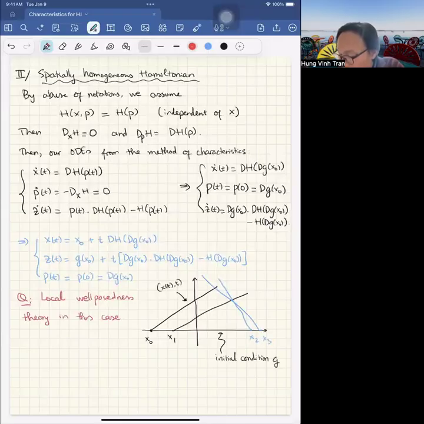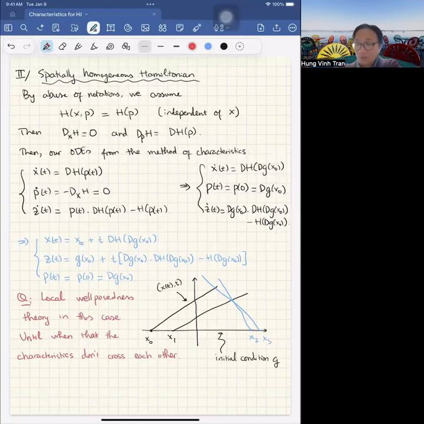So the question is until when the characteristics don't cross each other. The moment that they cross each other, we are in trouble.